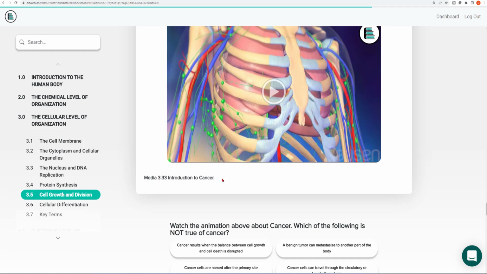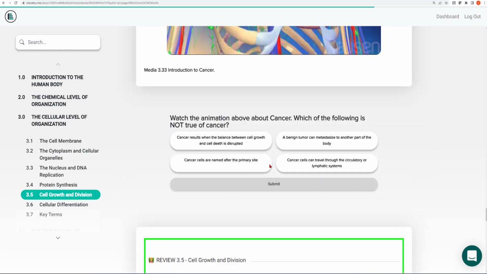But when a cell loses control of its cell cycle and it begins to grow uncontrollably, think of a tumor. A tumor is a single cell in your body that has gone crazy. It's lost control of its cell cycle, and as such, it starts to divide and divide and divide.